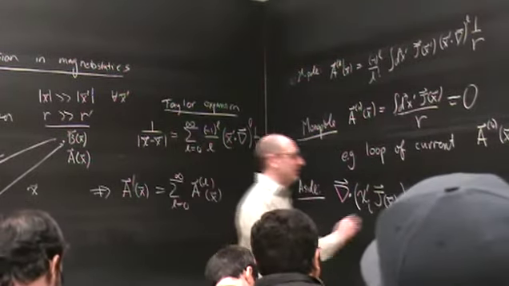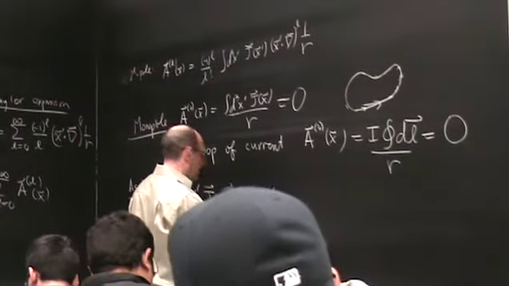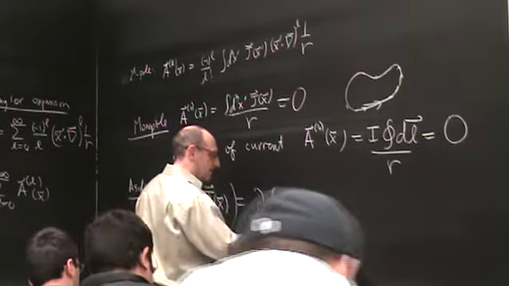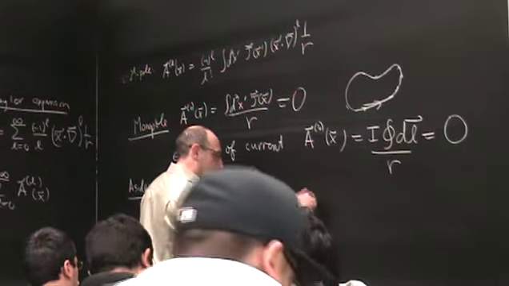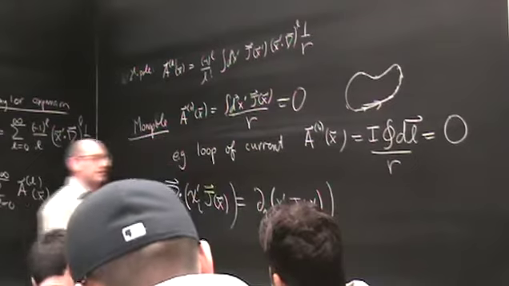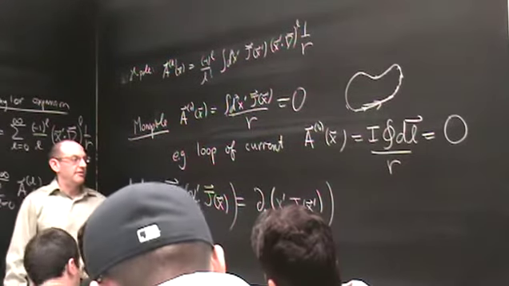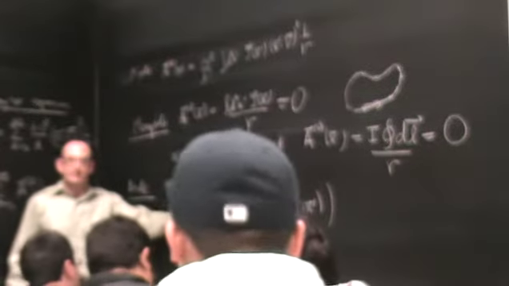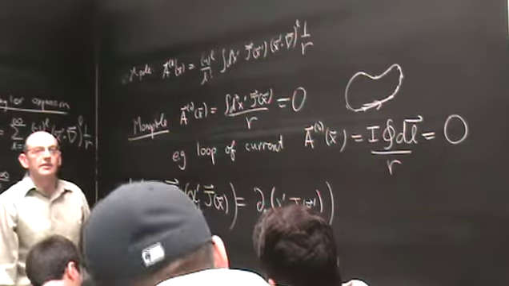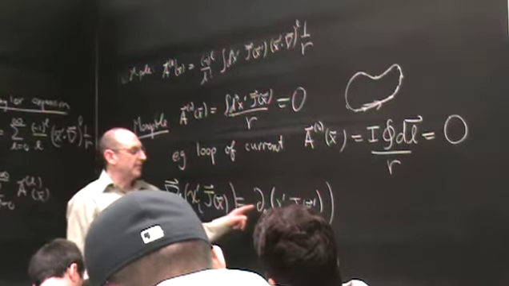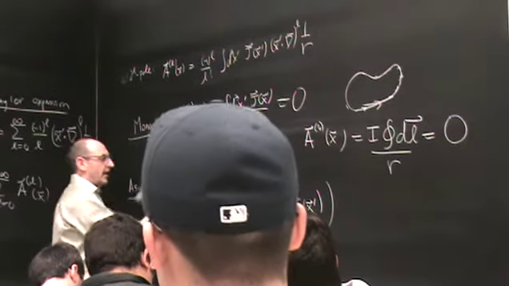This is equal to the sum over j of the partial prime.